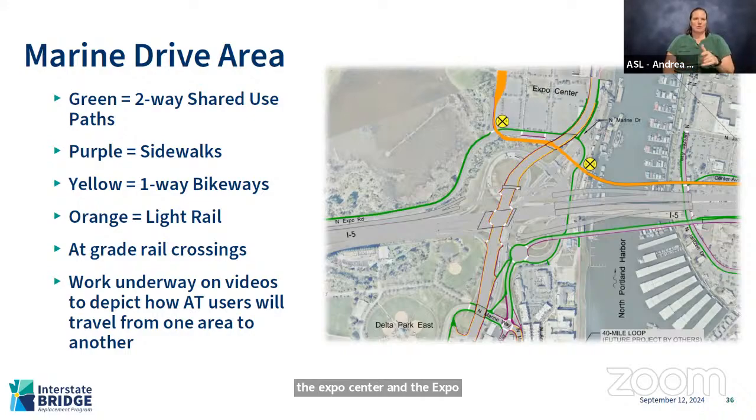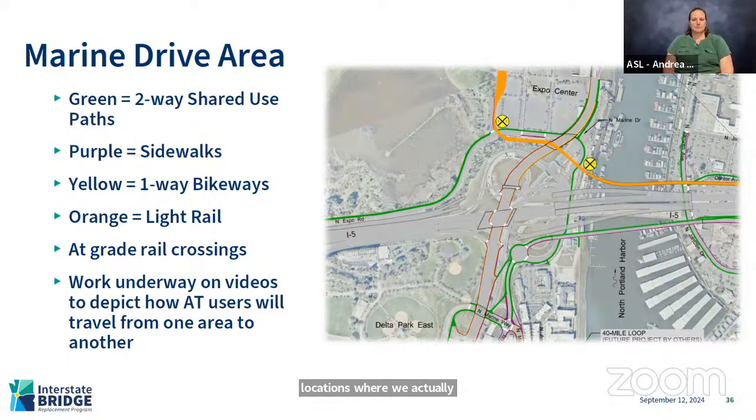And then, as I said earlier, you can see the two active transportation facility crossings of the light rail with those little railroad crossing symbols. And those are the only two locations where we actually have an at-grade crossing of rail with active transportation.